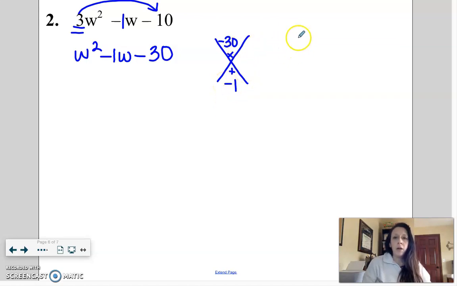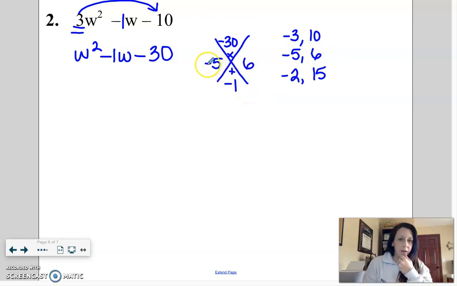Okay, 30. 3 and 10, 5 and 6, 2 and 15. Those are our things that multiply to 30. But if I want -30, then one of these numbers is going to have to be negative. I'm going to use 5 and 6 first because -5 plus 6 is +1.